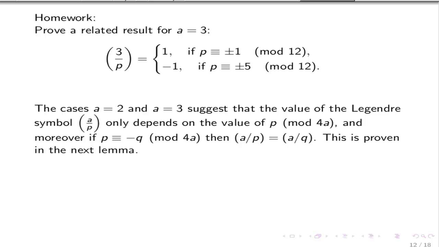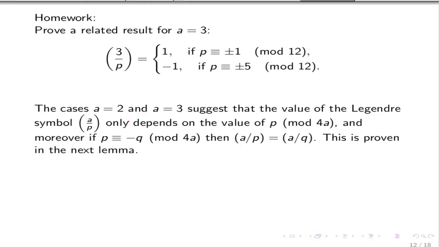In your homework, you can do a related result, determining when 3 is a quadratic residue just by applying the formula for nu we saw. And you'll come up with this result. It's a quadratic residue when p is plus or minus 1 mod 12, and it's a non-residue when p is plus or minus 5 mod 12.